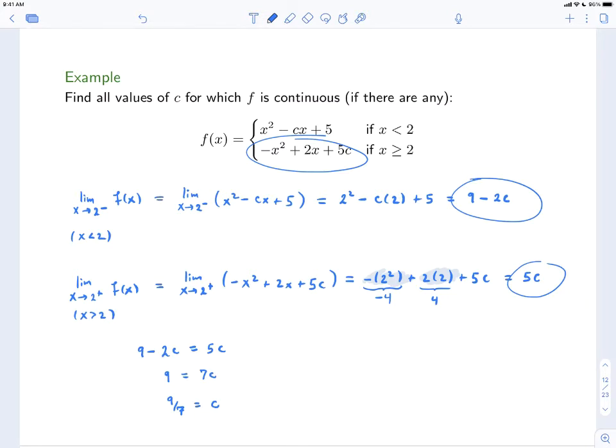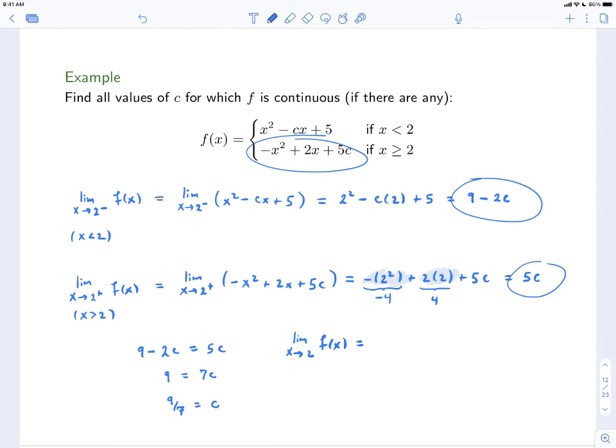Now that tells you that the limit exists. We also know that f is actually defined and equal to that at x equals 2 because of this condition right here. We know that f at x is equal to minus x squared plus 2x plus 5c if x is equal to 2. So the limit, just to check, as x approaches 2 of f at x is going to be equal to, well, what's it actually going to be? We can just plug in c equals 9 over 7 into either of these and we'll get the same thing.